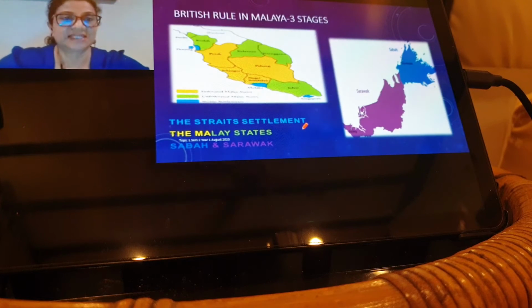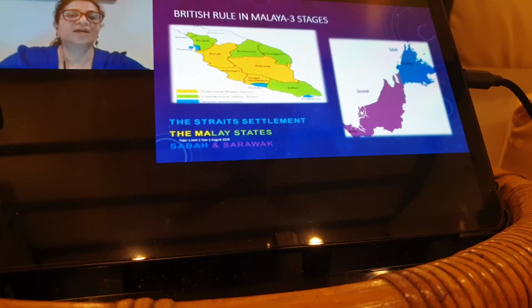We'll look at that later, what the distinction between federated and unfederated is. And the third stage, of course, will be British influence in Sabah and Sarawak, which is in East Malaysia. So those are the three stages of British intervention.